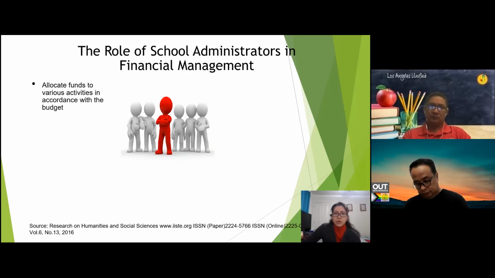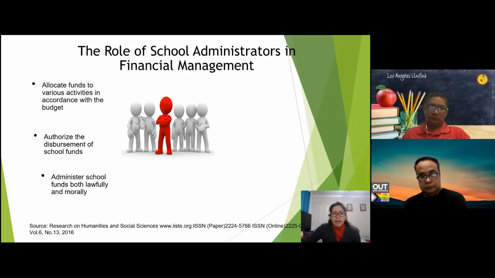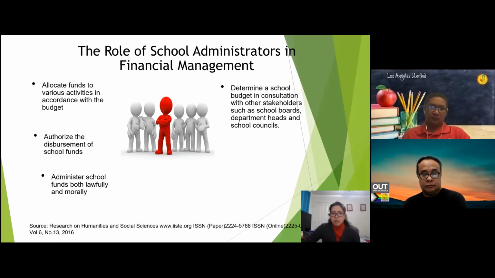school administrators allocate funds to various activities in accordance with the budget. We authorize the disbursement of school funds, administer school funds both lawfully and morally, and then school administrators determine a school budget in consultation with other stakeholders, such as school boards, department heads, and school councils.